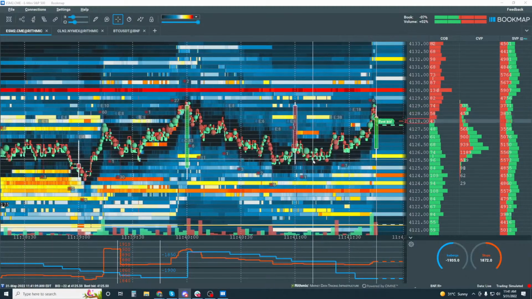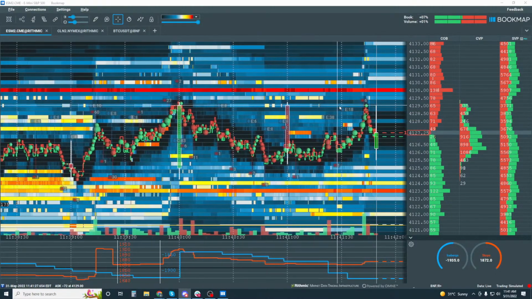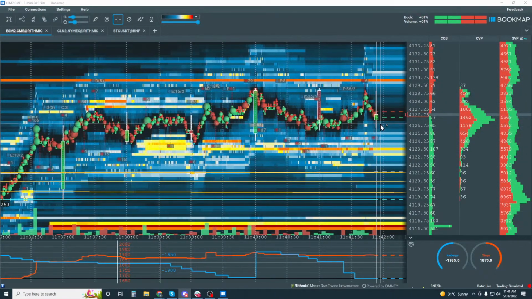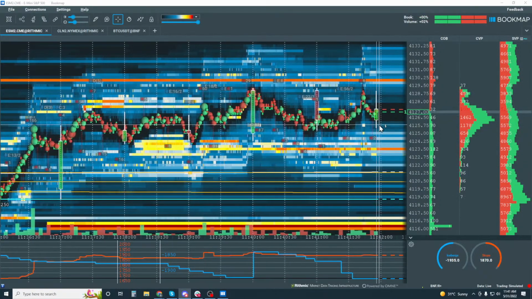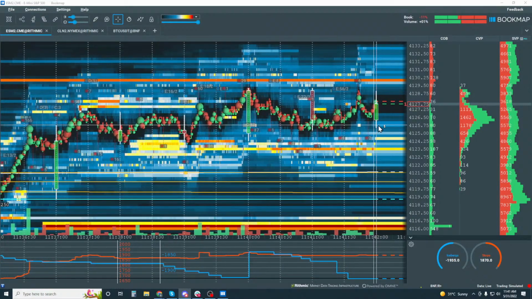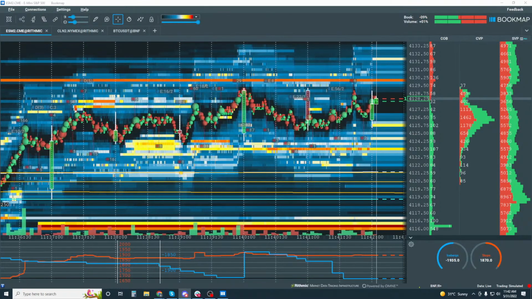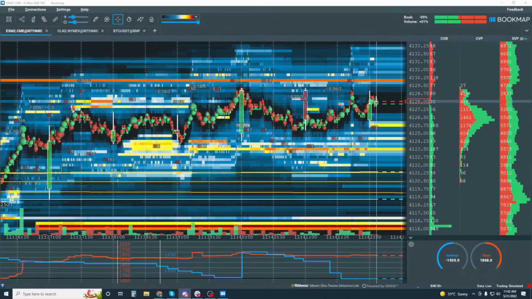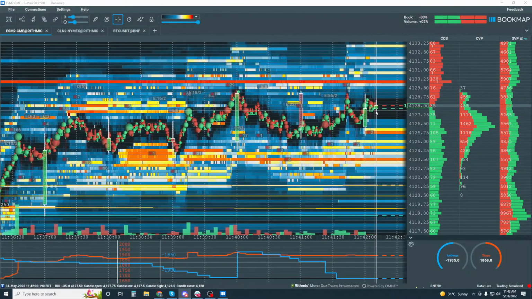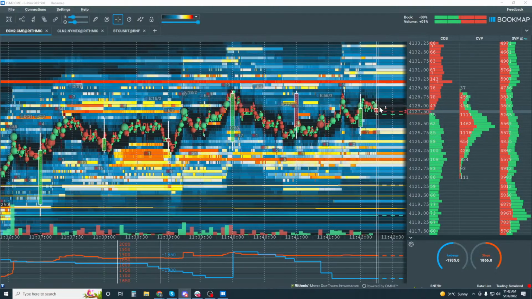Yep, no follow through to the downside, not yet. Retest here. Let's see if we can get them here. Just one more read here, and then we'll call it a day.